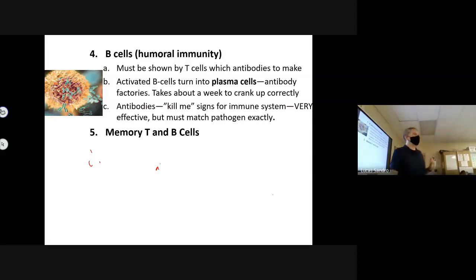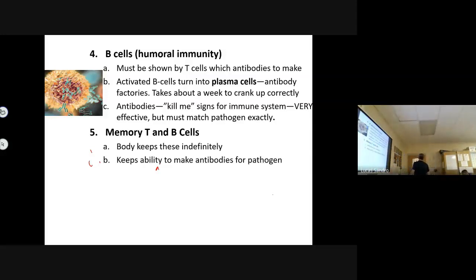But you keep a few. You keep some so that you don't have to spend that week again. You don't have to wait a week next time, okay? Memory T and B cells stick around. They keep your ability to crank up the humoral immune system.